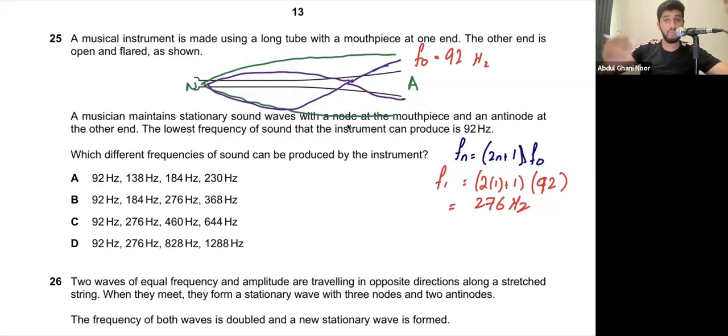Since the wavelength is 1/3 now, and frequency is inversely proportional to lambda, the frequency will be 3 times. What is 3 times of 92? 276. So next is 276.